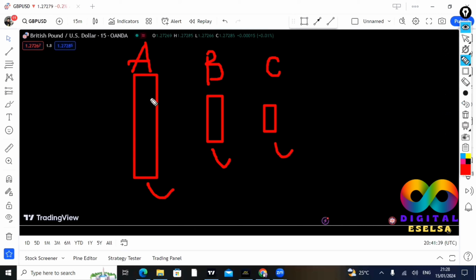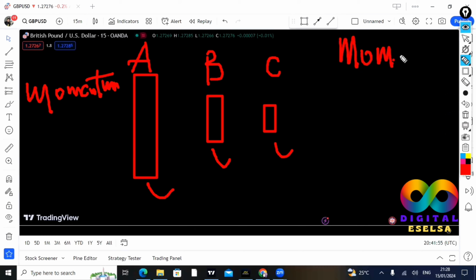What it is showing is that the one with the biggest body has the highest momentum. You will be hearing forex traders mentioning momentum. I will still explain. Here, the candle body is carrying information about the momentum.